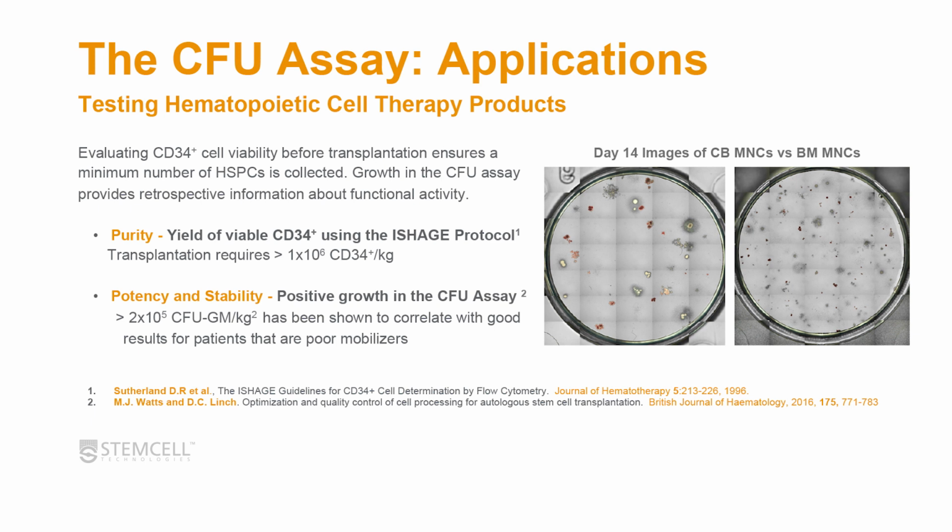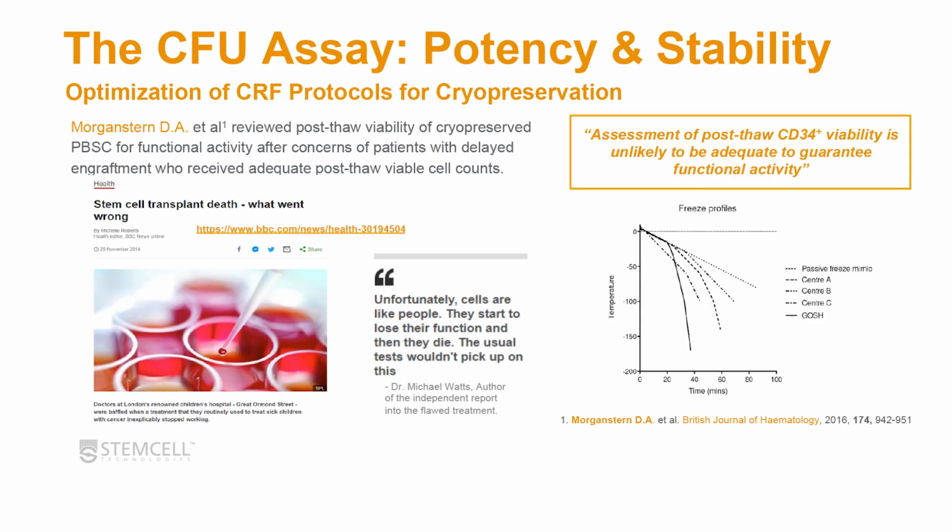So if you go back, look at the cell numbers and identify, yes, we injected greater than 2 by 10 to the 5 CFU-GM, then you know that maybe the engraftment is just taking a little bit longer and you're not looking for another donor right away. So it does give you that retrospective data, but it gives a lot of comfort to know the assay did work, and that the patient at least got the right cells.